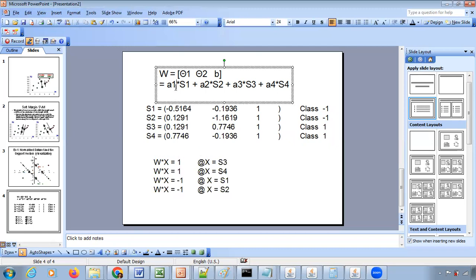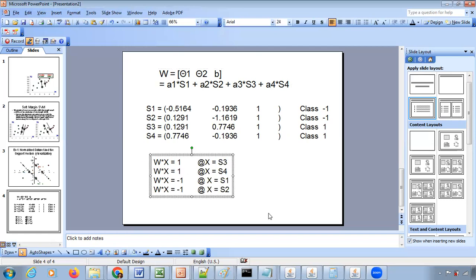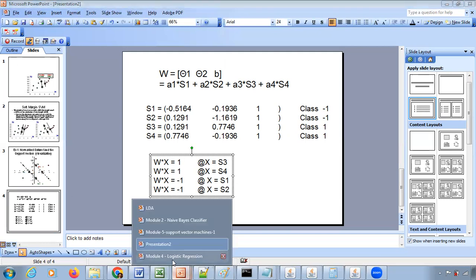So the values of A1, A2, A3, A4 need to be found in such a way that these four equations are satisfied for each of the four support vectors. That's the basis we are going to use to find A1, A2, A3, and A4.